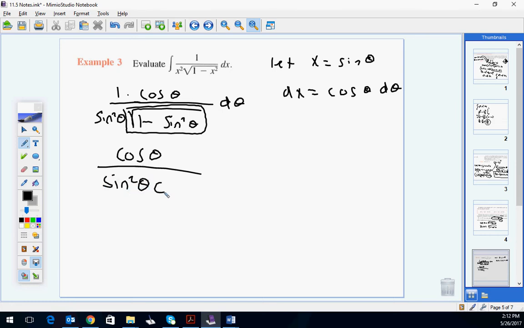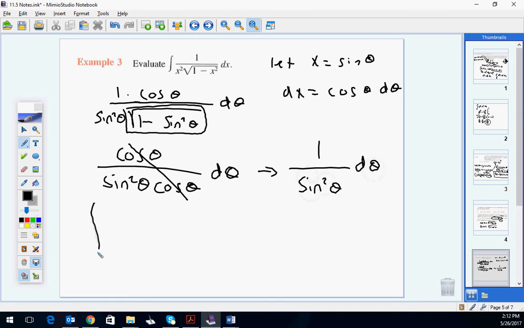Look what happens for us now. Sweet. Oh, I know I'm going fast. I'm sorry, I just want to get this out. That is the same thing as integrating cosecant squared theta.